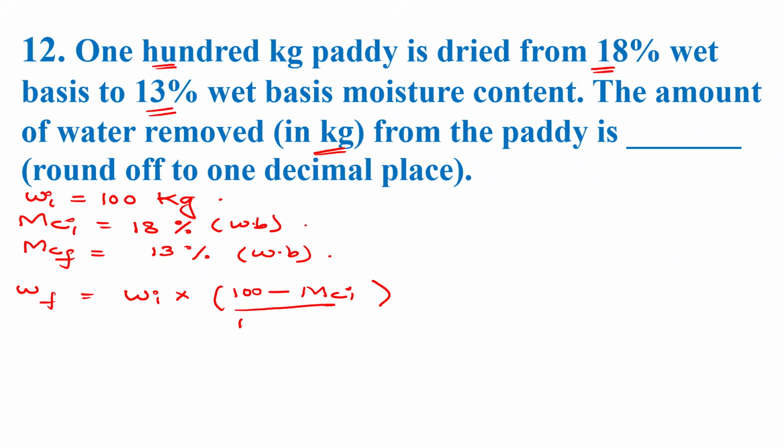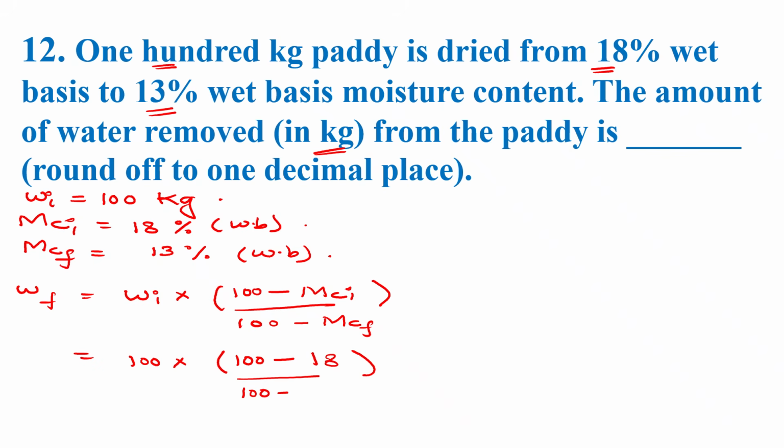We'll just put the values over here. Initial is 100, minus moisture is 18, divided by 100 minus 13.